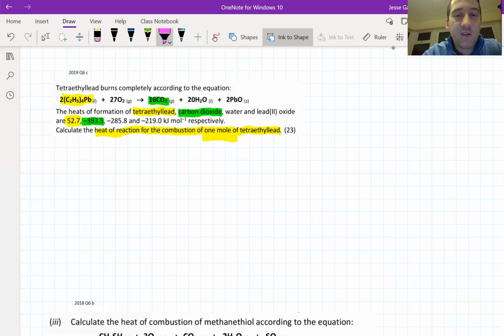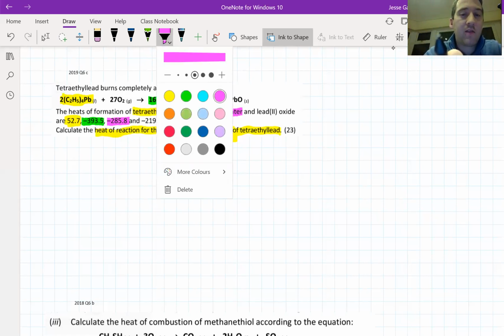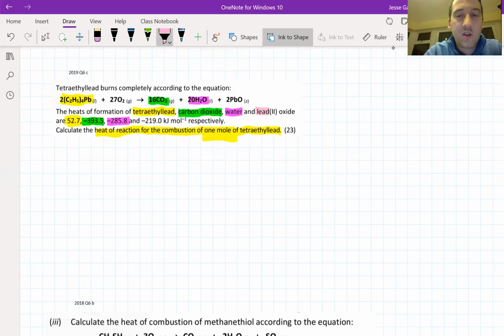The next substance is water. H2O is the formula for water. And the number I've got here is minus 285.8. Last color, I'm going kind of a pinky, and it's going to be lead 2 oxide, and that's going to be the fourth number, minus 219 kilojoules per mole, and it's this here, PbO, lead oxide. Pb is lead, O is oxide.